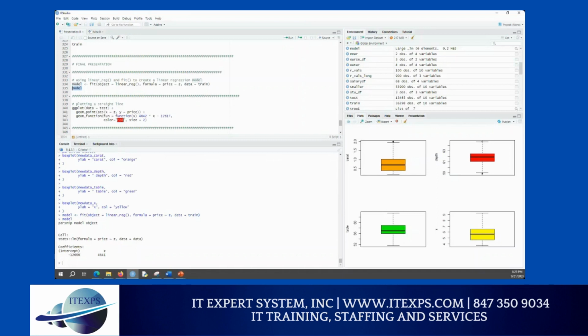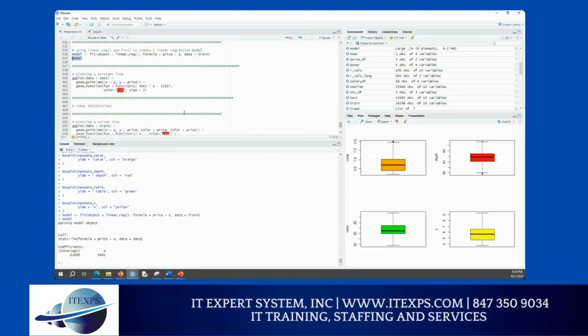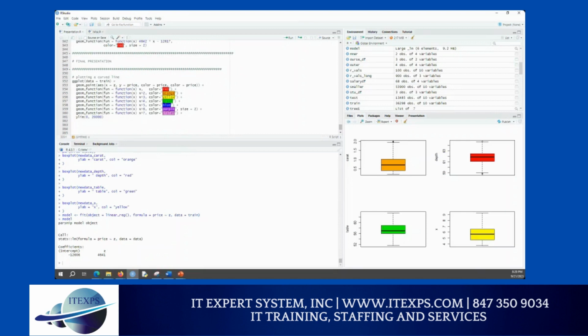So we used those values in calculating price for G value. So price equals 46441 times G minus 12606. So to find this, we used this ggplot and geom function.